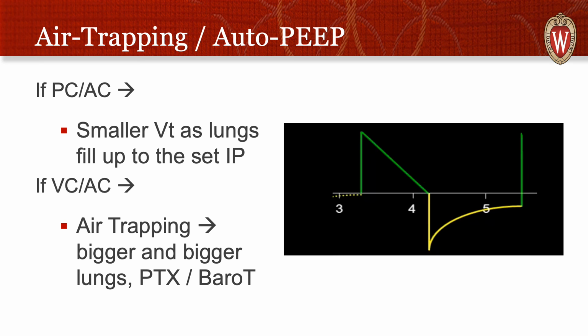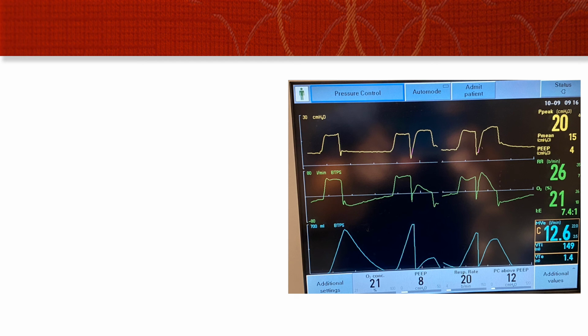If you're in a volume mode of ventilation, however, and you continually air trap, your lungs will get more and more inflated, but the vent doesn't really care or mind, and it will simply give you bigger breaths on top of partially exhaled breaths, and this puts you at great risk of injury.